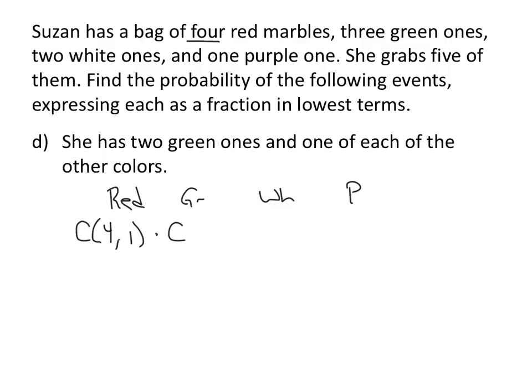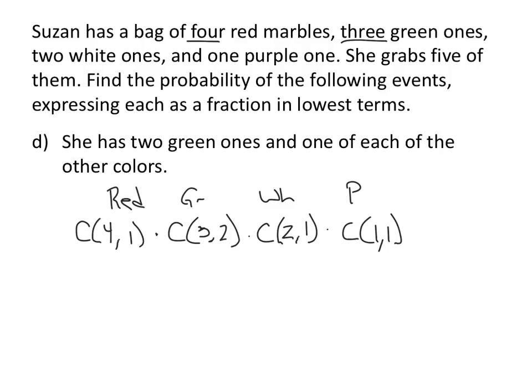And then the combinations of the 3 green ones, we want 2 of those. That's an ugly looking 3, but we'll take it. And then there are 2 white ones, but we only want 1. And then there's 1 purple one, and we want it.